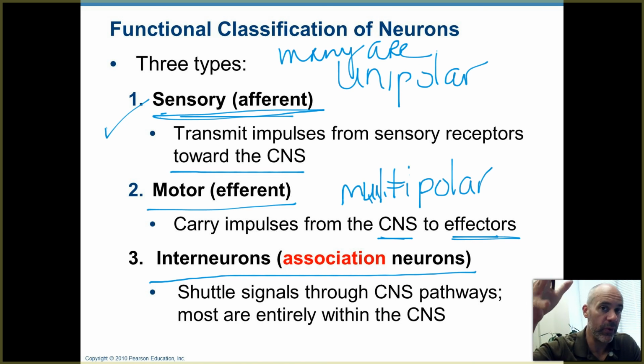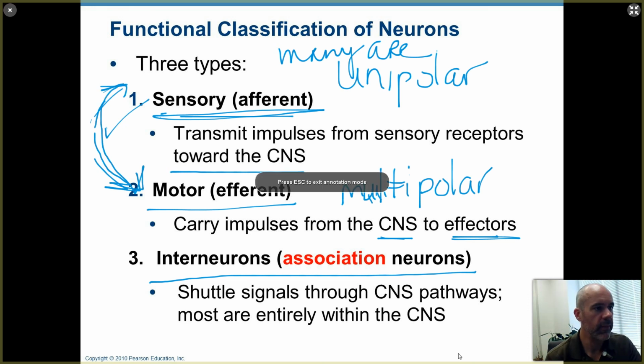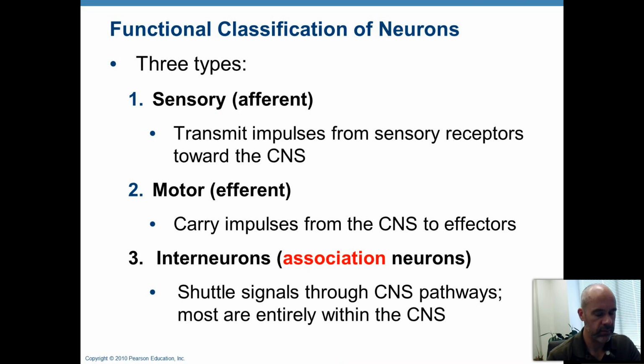They also provide the networking to send impulses downward, once the brain makes a decision, back toward whatever effectors are going to carry out the task that needs to be carried out. So the interneurons bridge these two types of neurons. They network the two. And many of those are multipolar in type as well.